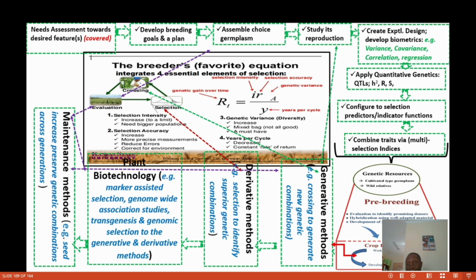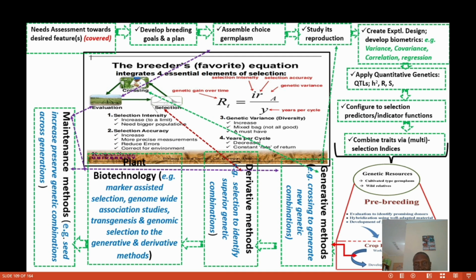And the generative methods are where you are crossing to generate new genetic combinations. Because as you keep on improving something at all times, you are wanting to generate new variation that you can be building progressively in the materials that you are advancing toward a final target product. So the GE stands for that.